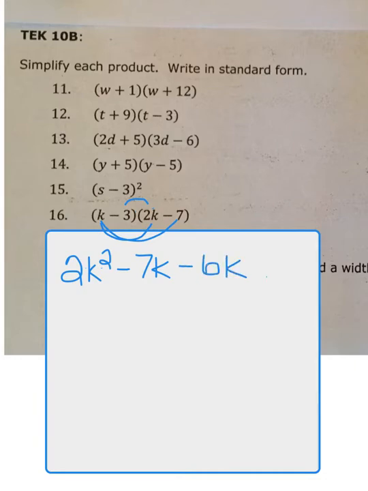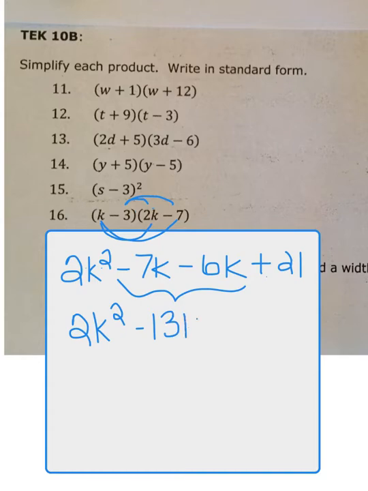And the last terms are negative 3 times negative 7, which would be a positive 21. Combine things that can go together. So negative 7k and negative 6k can go together. So 2k squared stays the same. Negative 7 and negative 6 is negative 13k plus 21. And there we go.